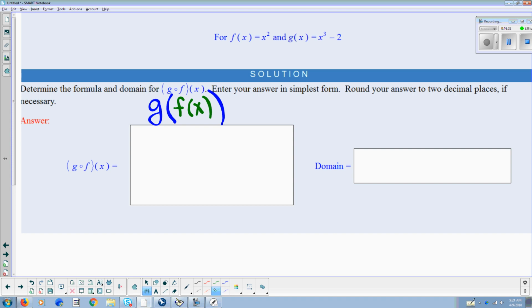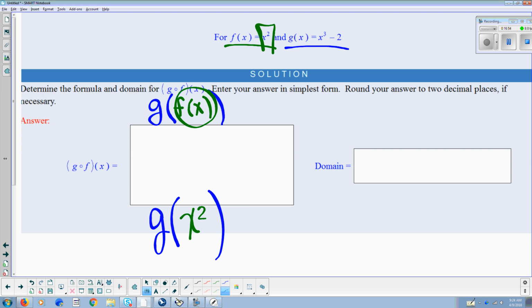We're calling f of x the inside function, and we're calling g of x the outside function. So first, I will replace this f of x with what f of x is said to equal, and that is x squared. So I'm going to say I'm finding g of x squared. I replace f of x with what the function is.